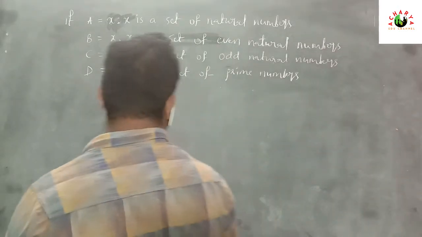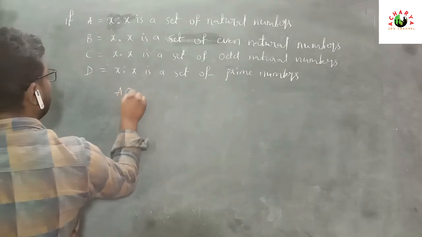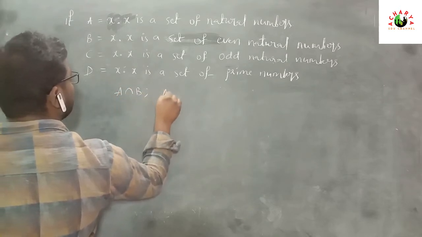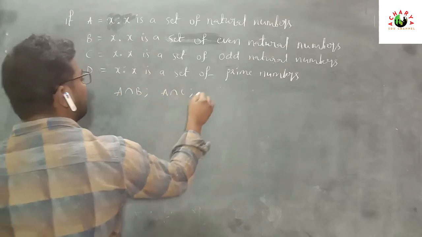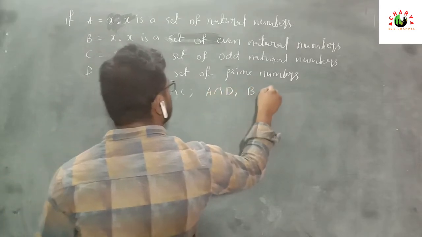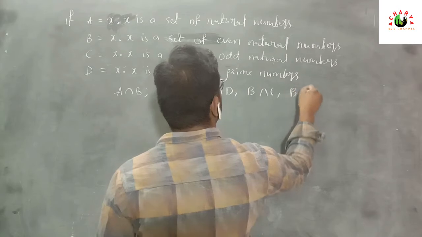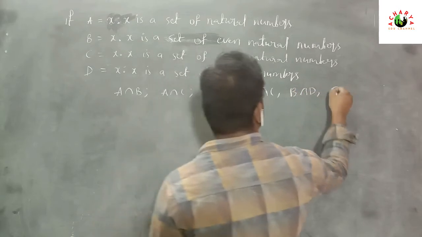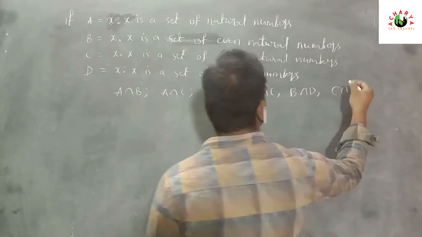Find out A intersection B, A intersection C, A intersection D, B intersection C, B intersection D, and C intersection D.